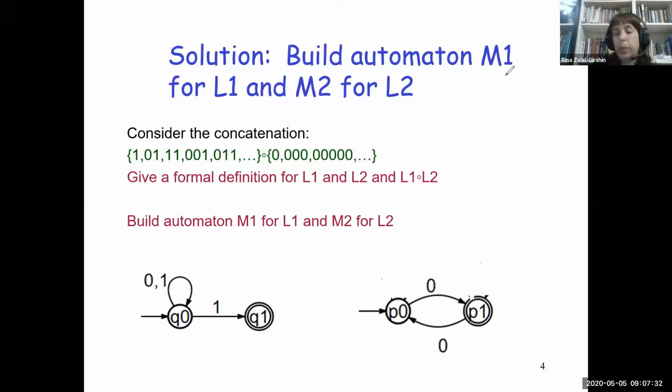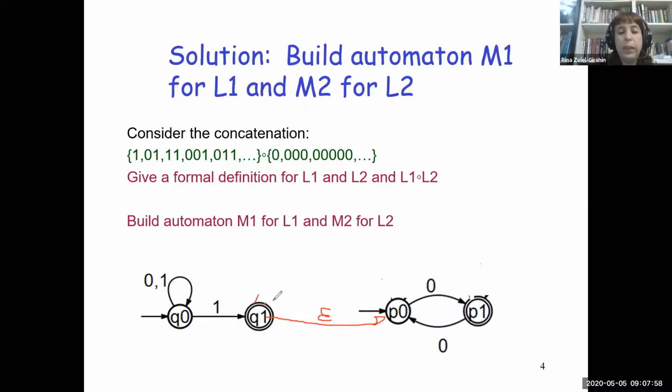Okay, I would like to remind you the idea. So the starting state of L1 concatenation L2 will be the starting state of the first automaton. From the accepting states, we will move with epsilon transition to the initial state of the second automaton.